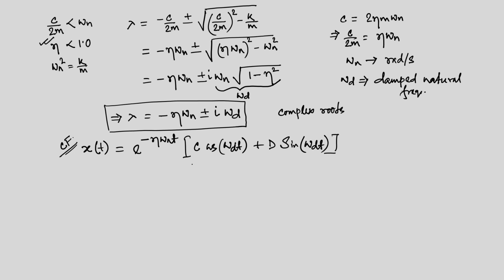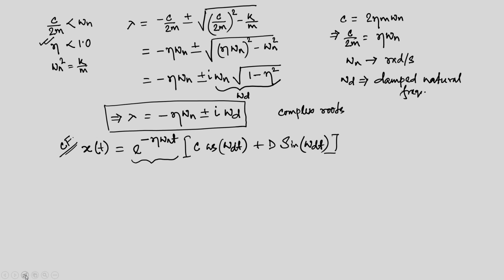Now, in this case, look at the right hand side. Obviously, we have the first term which is exponentially decaying. That means, as t tends to infinity, this will come back to 0, and that is the nature of a damped vibration. It will start with some initial conditions, keep on vibrating, and as time progresses, it is bound to come back to the 0 position.